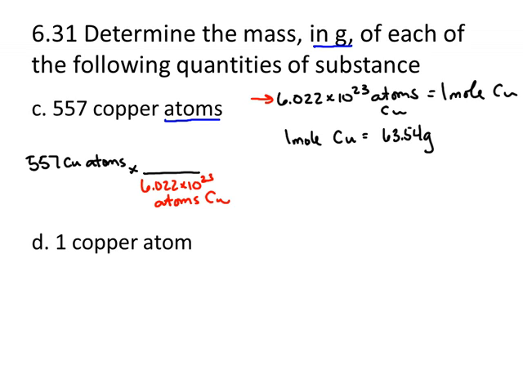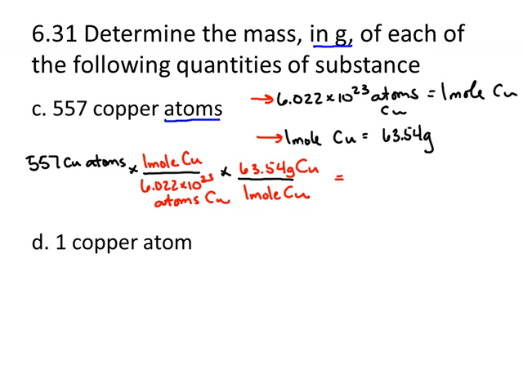And then I finished my equation here with 1 mole of Cu. That gets me out of atoms into moles. Once I have that, then we see, oh yeah, I have a relationship between moles and grams. So 1 mole of copper is 63.54 grams of copper.